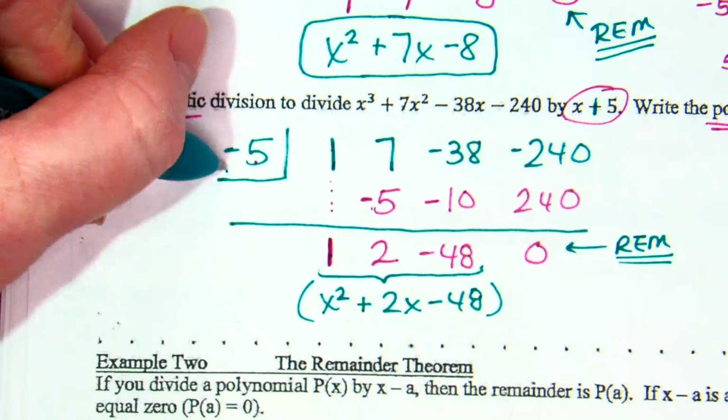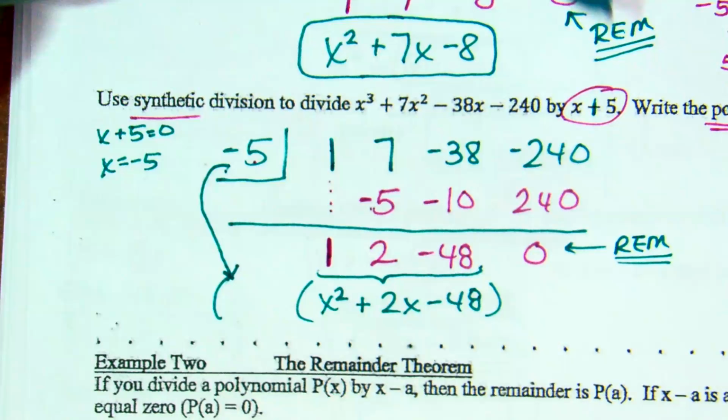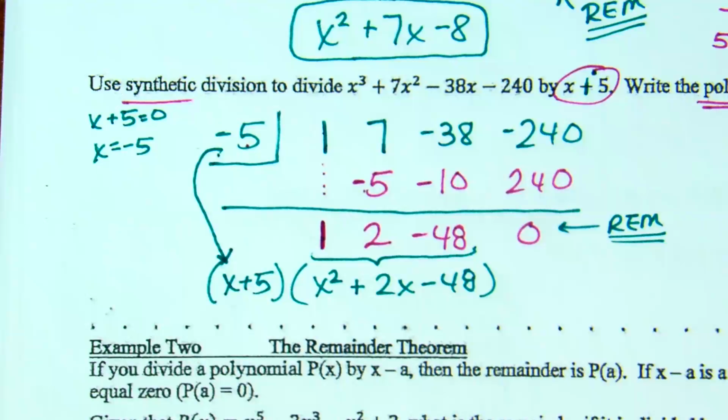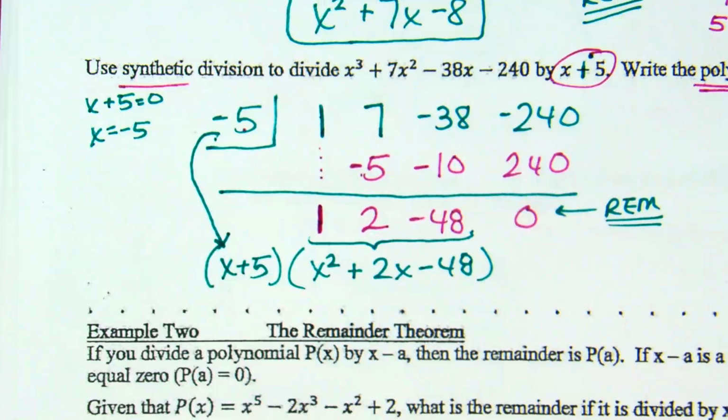What does this negative 5 represent that we divided by? Negative 5 represented what? X plus 5. So the whole idea here is we've been asked to factor this. What we did by using synthetic division is we took the factor x plus 5 and we divided it. Divided this and we got x squared plus 2x minus 48 as our other factor.